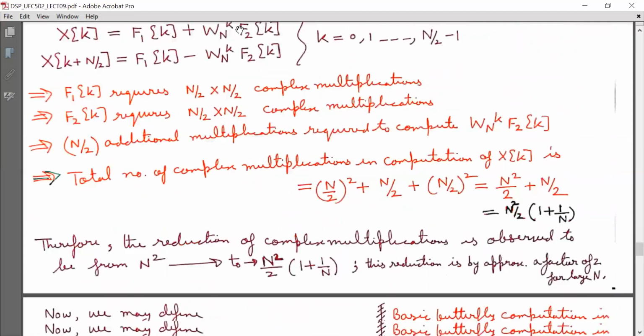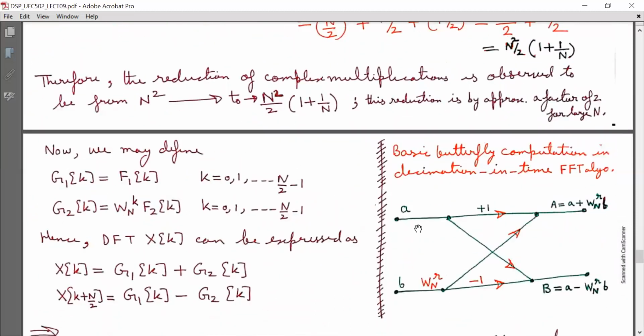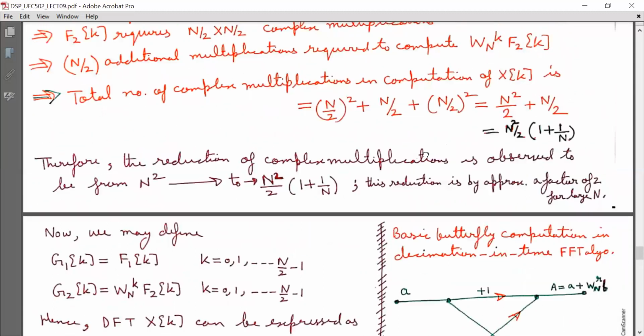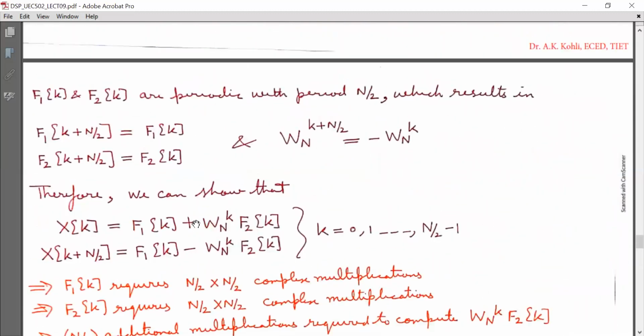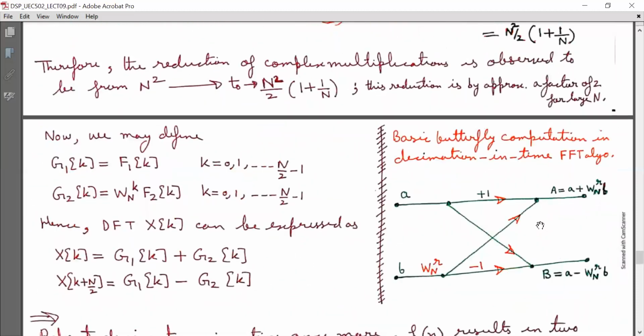So from this we can form a butterfly, that is a, here it is b, this is W_N raised to power r, then a is a plus W raised to power r b, and b is a minus W raised to power r b. So it is exactly what is happening here. From this we can generate the basic butterfly. So this is the basic butterfly computation in the flow diagram for the decimation in time FFT algorithm.